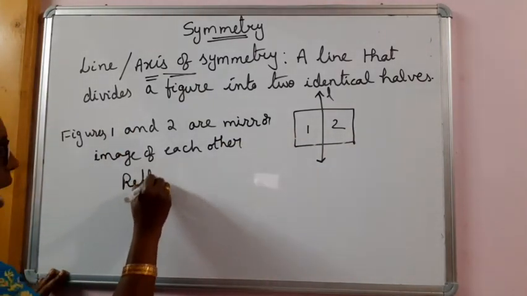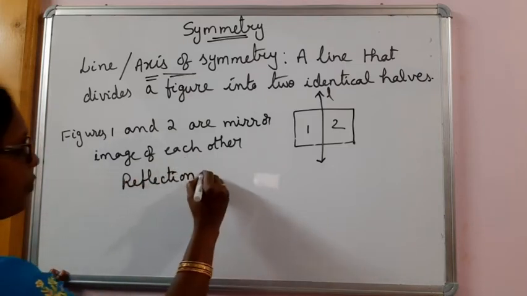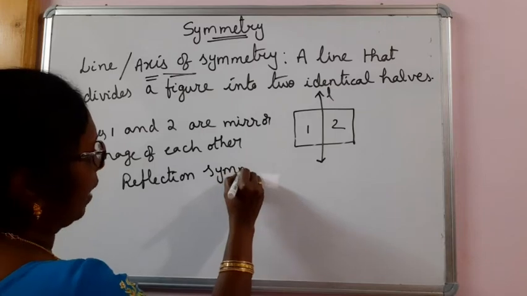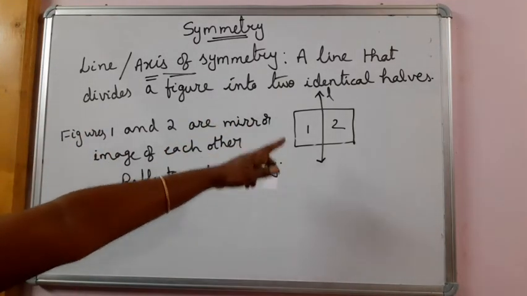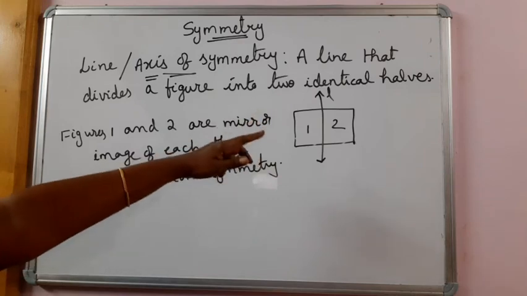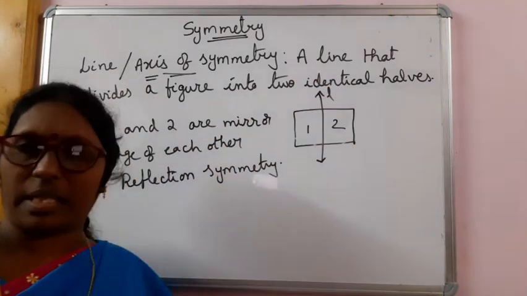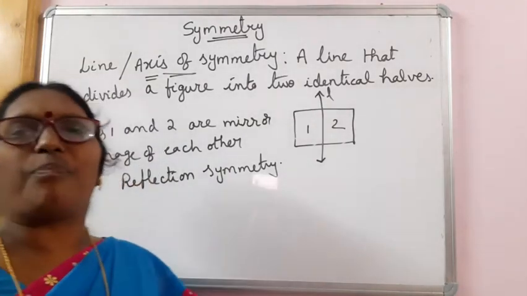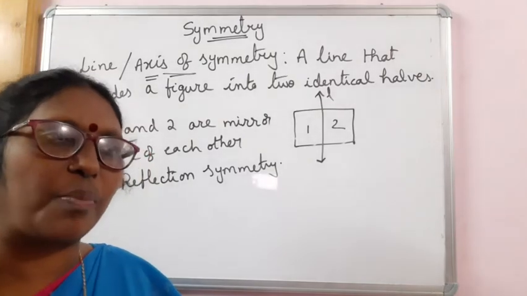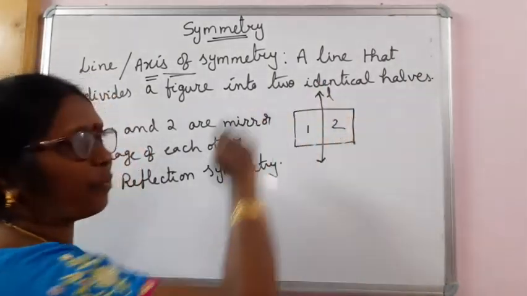And we can say that this figure has reflection symmetry, as one half is the reflection of the other. Now, what is vertical line of symmetry? What is horizontal line of symmetry? Now, this line in this figure is the vertical line.